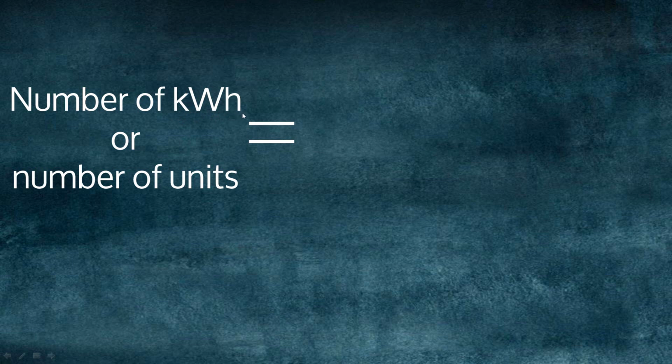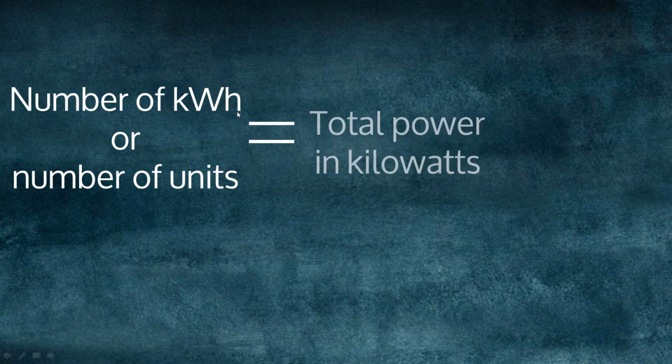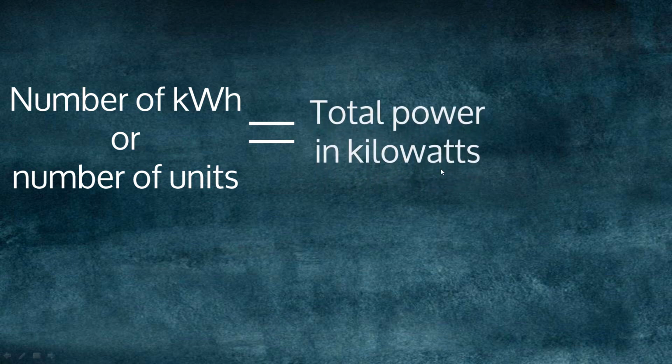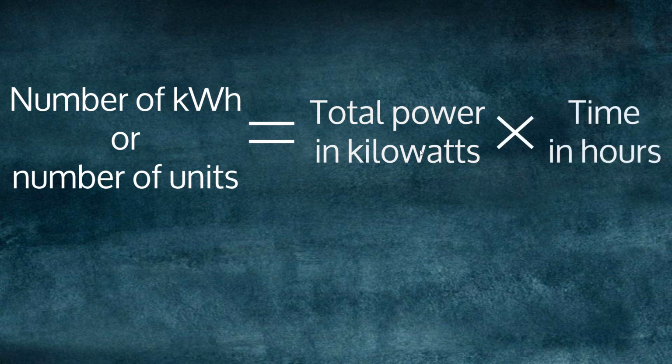So how do you get the number of kilowatt hours, or the number of units? The equation should be easy for you to get. Kilowatt represents power, and hour represents the time. So we get total power in kilowatts times time in hours. That is a formula that you should never think about forgetting, please.